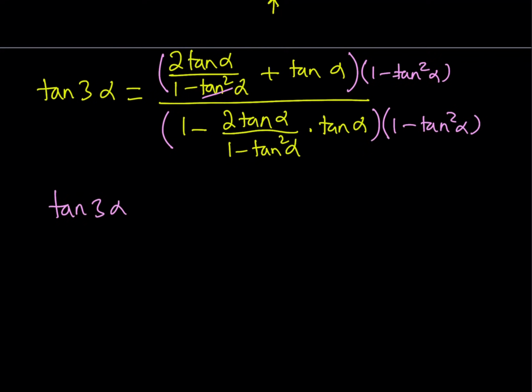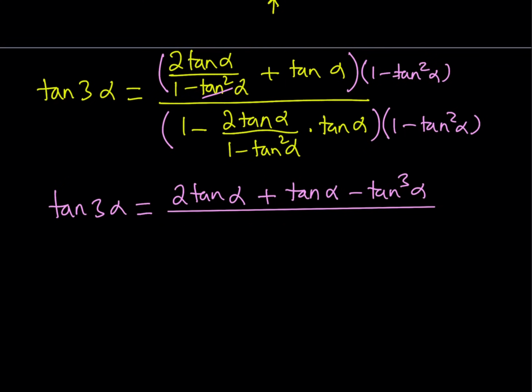Tan 3 alpha is going to equal, from here I'm getting 2 tan alpha because the denominator cancels out, plus tan alpha is just multiplied by 1 minus tan squared. Let's go ahead and distribute that. Tan alpha minus tan cubed alpha, all over. The bottom is going to be, when you distribute 1 times that, it's going to give you 1 minus tan squared alpha minus, when you multiply these, again, these two are going to cancel out.